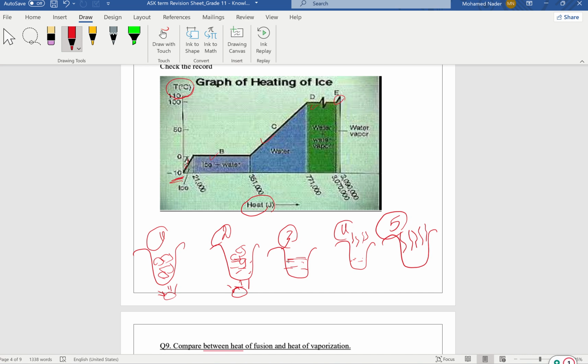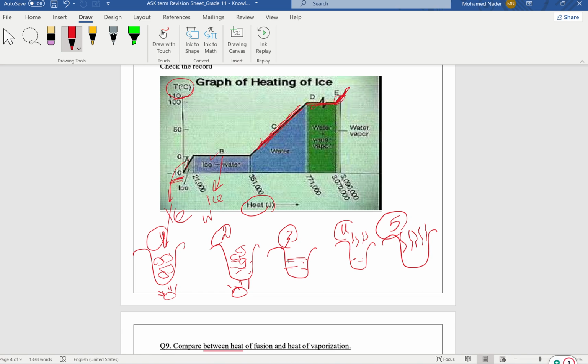So the first one, as you can see, is ice. Then here, B, it is ice and water. And then here, for line C, it becomes only water. From D to E, it is water and vapor. And then here we have only water vapor from E until the end.